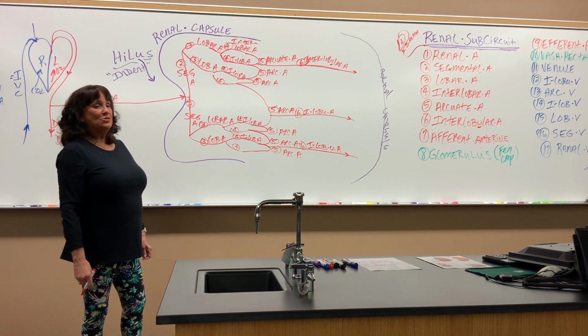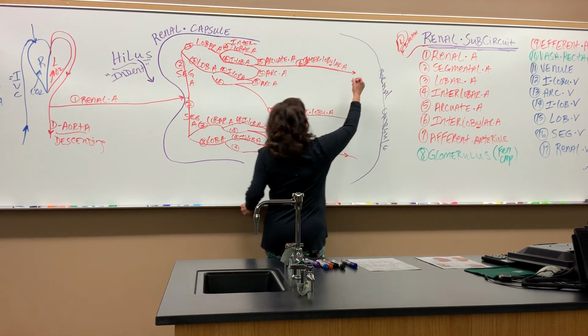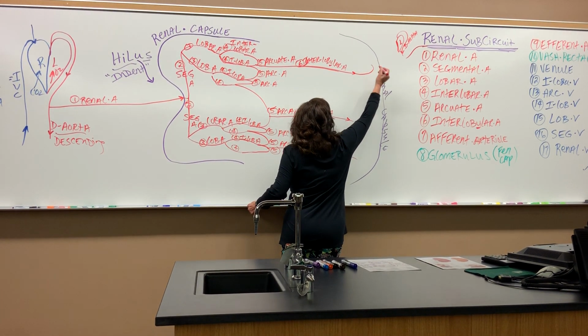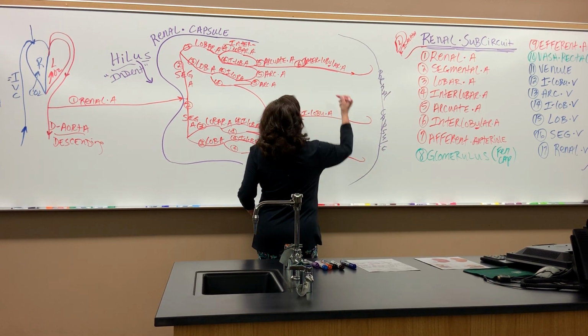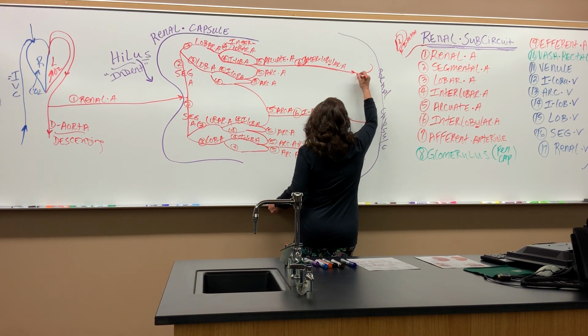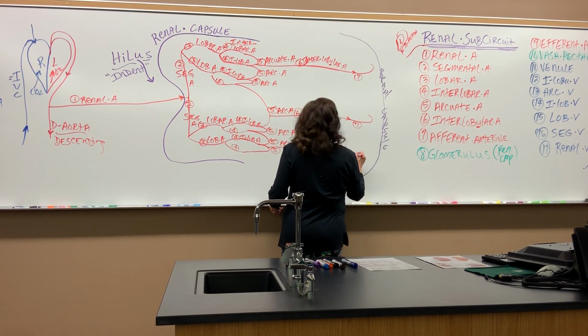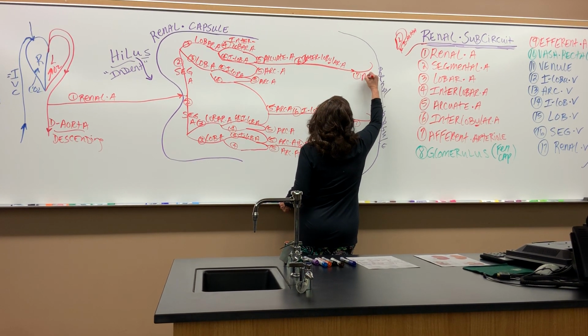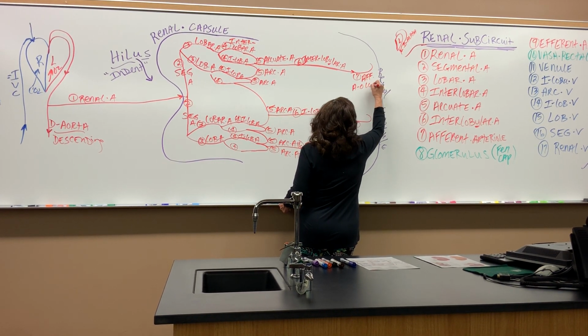And now the interlobular artery is going to turn. Each one of these turns like this. It's going to turn, it turns. And so the turn is called number 7. Okay, this is number 7. And so number 7 is afferent arteriole.